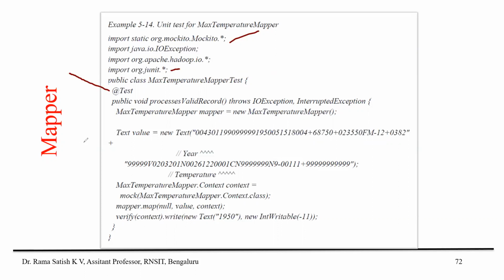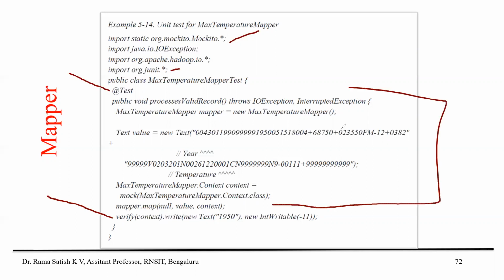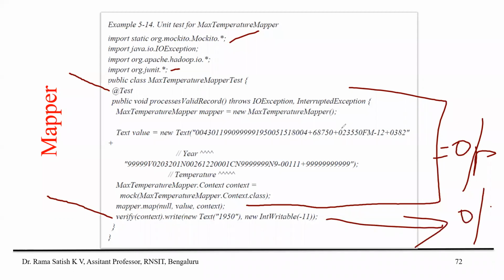Here we are just taking the method called verify, a very important thing. The entire code that you are writing here will result in some output, and you are giving some expected output. Whatever output you are giving and whatever output it has got, both should match.